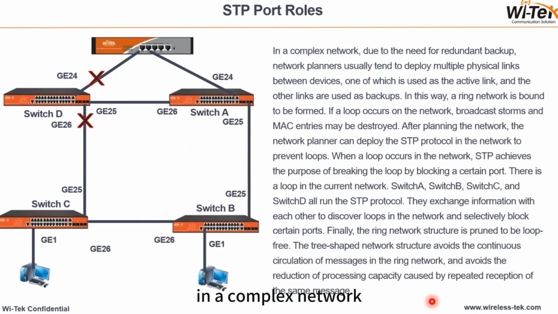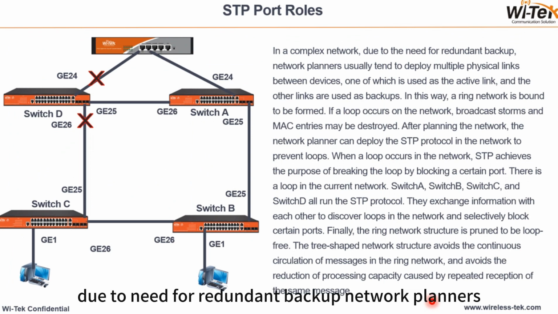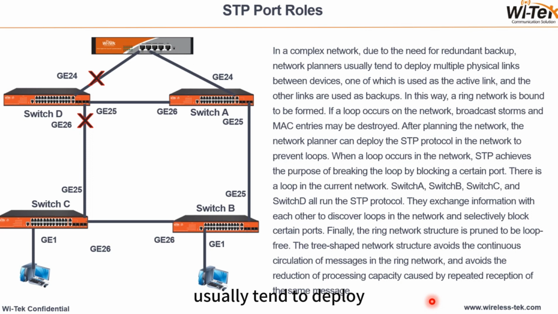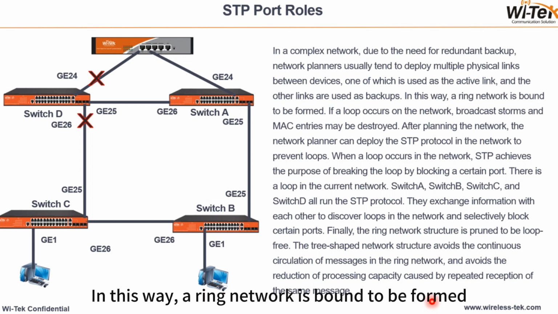In a complex network, due to the need for redundant backup, network planners usually tend to deploy multiple physical links between devices, one of which is used as the active link, and the other links are used as backups. In this way, a ring network is bound to be formed.